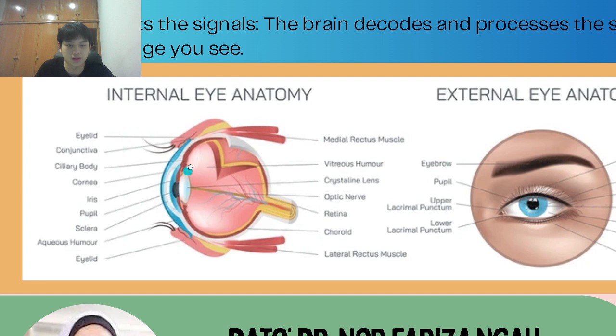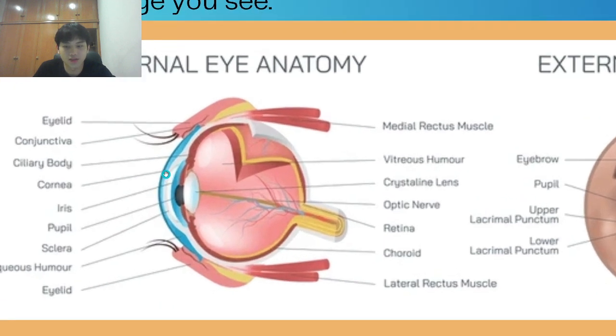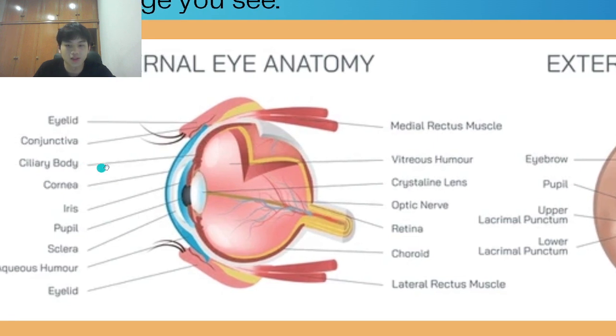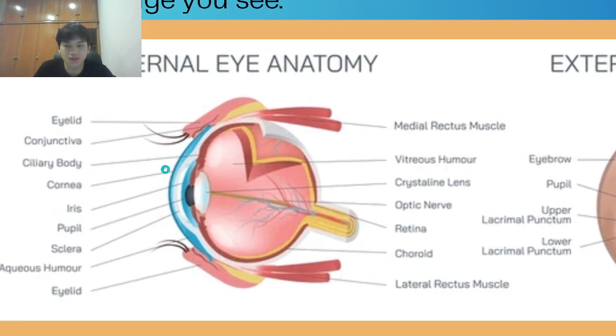It's basically somewhere here, close to the iris and the cornea. It's in between. Next is the ciliary body. This is quite important as it controls the muscles of the lens shape and produces aqueous humor, which is the fluid of the eye.